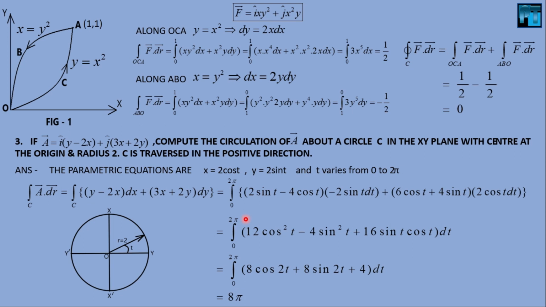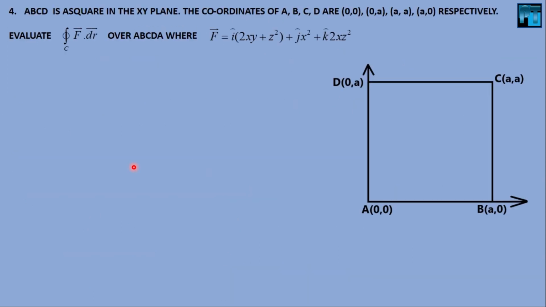Only the parametric form is important for you. See, there is no parametric form given. Only the description of the curve C is given. It is a circle in the xy plane, center at origin, radius 2. Okay. Now let's move on to our next problem.